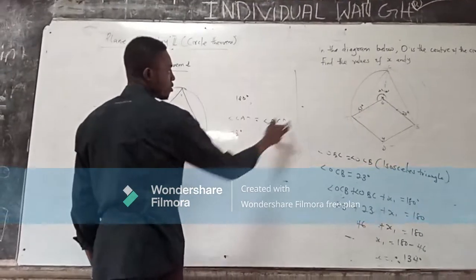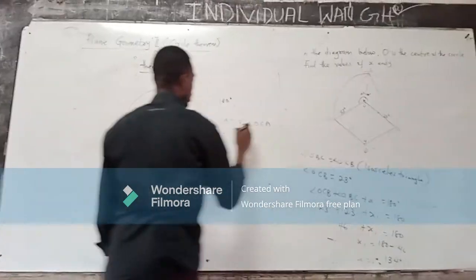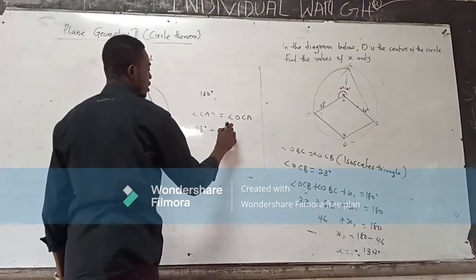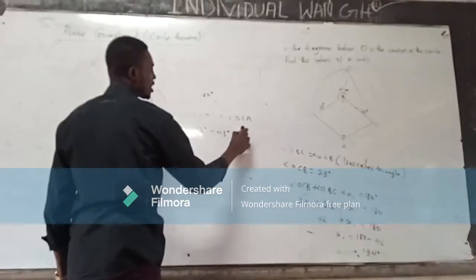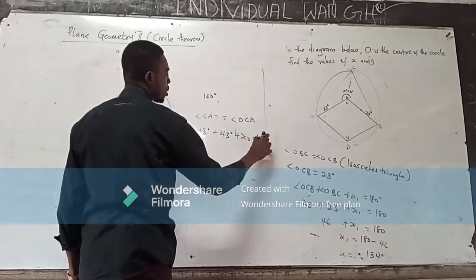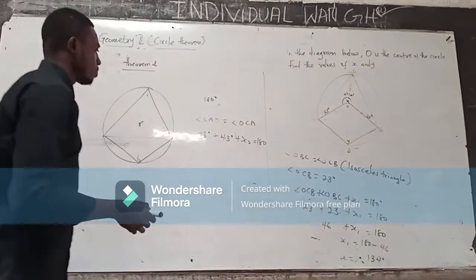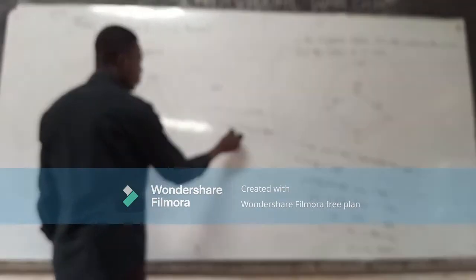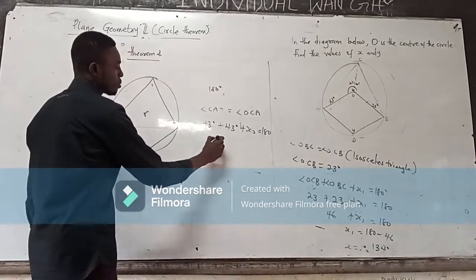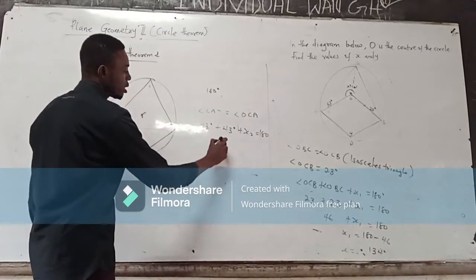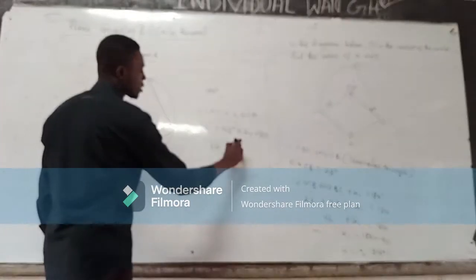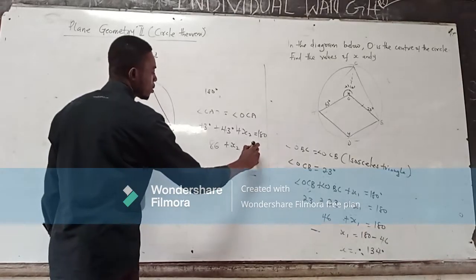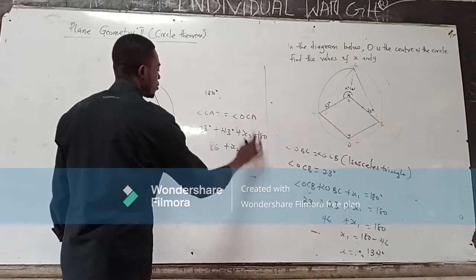Okay. So then, therefore, we can say that 43 that we find here plus another 43 that we find the other side plus the x2 that is there should sum up to what? 180. So therefore, we add these two, we get what? 86 plus 2 x2 is equal to 180.